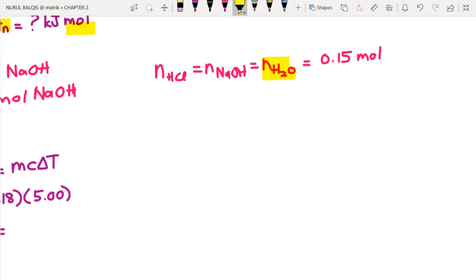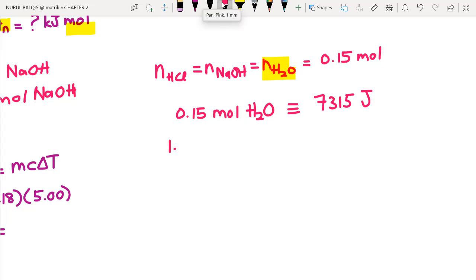So we are going to relate the number of moles of water with the heat released. So 0.15 mole of water is formed from the 7315 joule of heat. Now we want to know how much heat is released to form 1 mole of water.